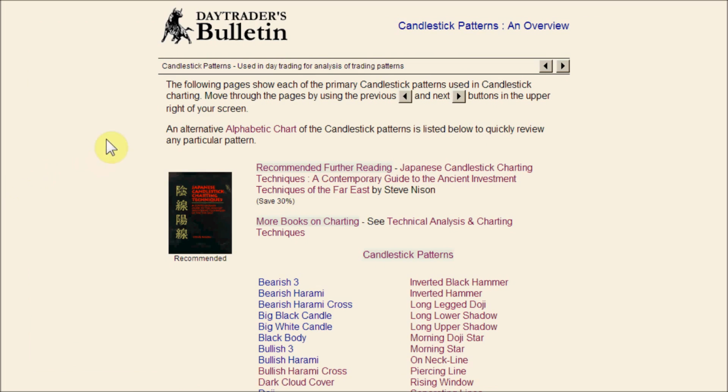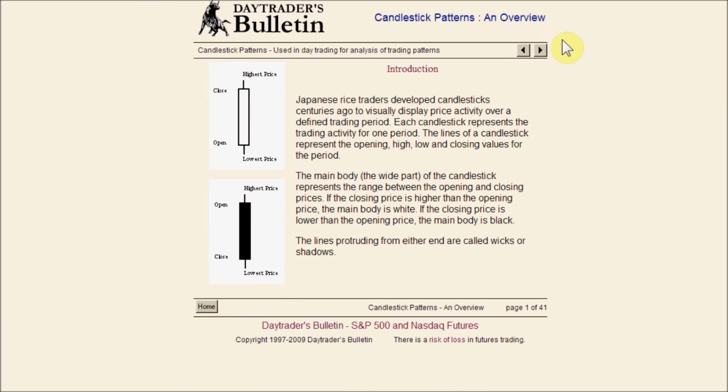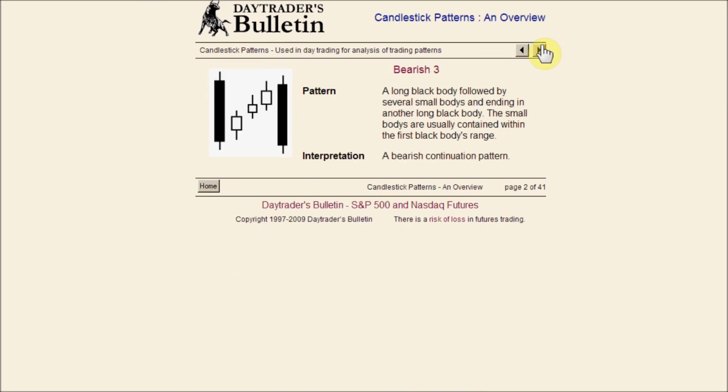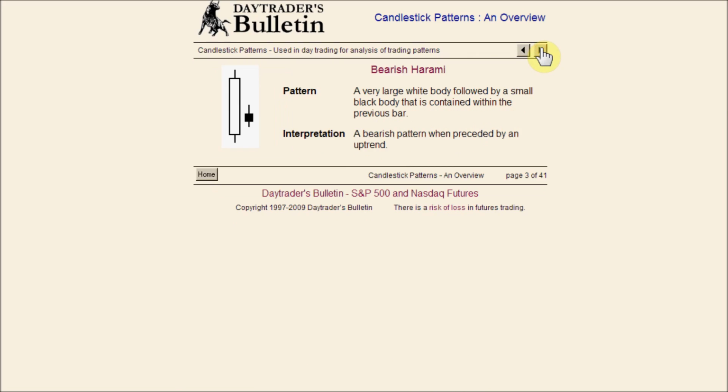Another great site is daytradersbulletin.com. First of all, they have a good introduction, and then you can get right into looking at the patterns. This little arrow right here will take you through the entire list, where they give you the pattern, the interpretation, and a picture.